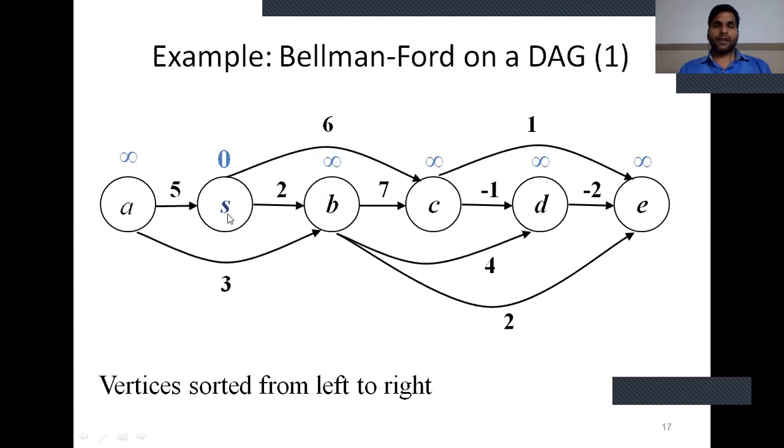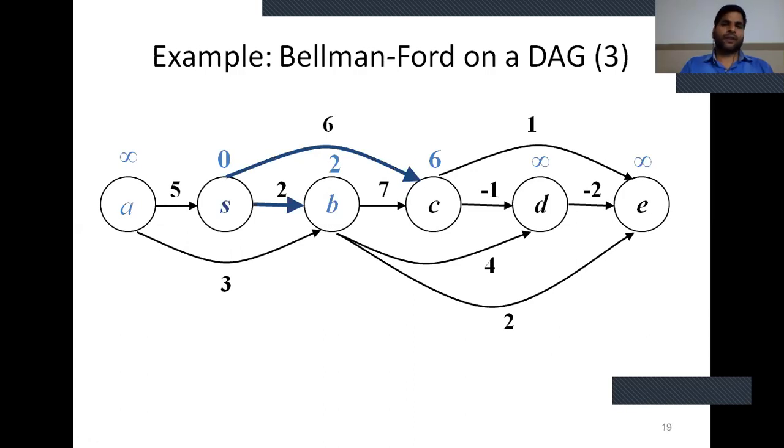From source S to B, the value of B is updated by the sum 0 plus 2 equals 2, and the value of C is updated to 6.